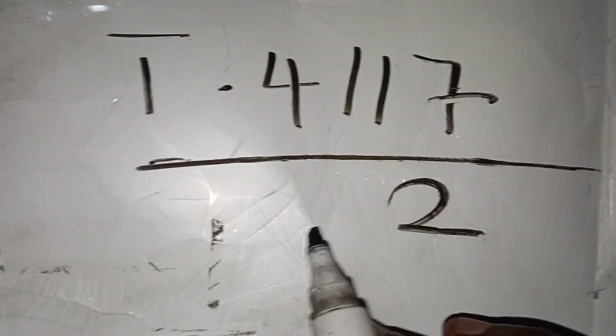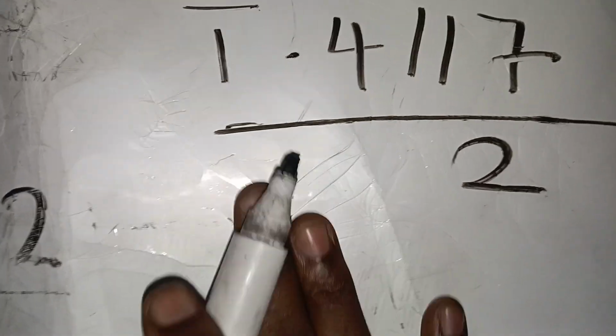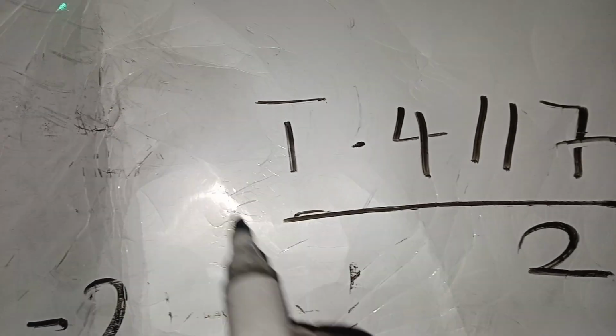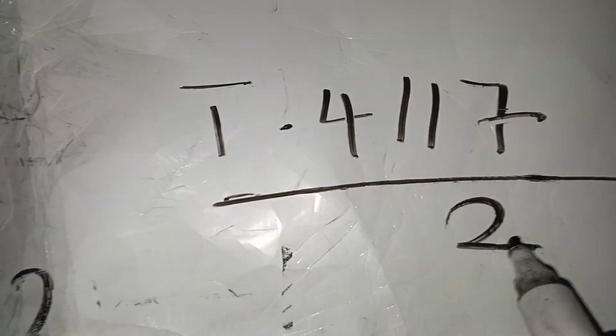If it was 3 here, we could use 3, but this sign means square root. So square root we divide by 2, and here we cannot divide this by 2. You see, cannot. So what you should do here, we'll separate them.